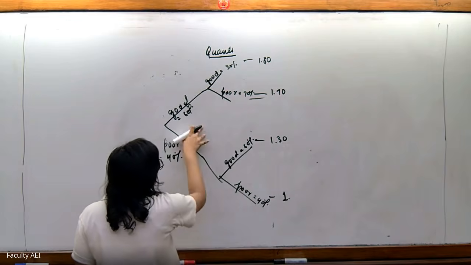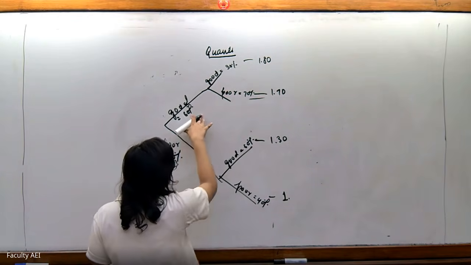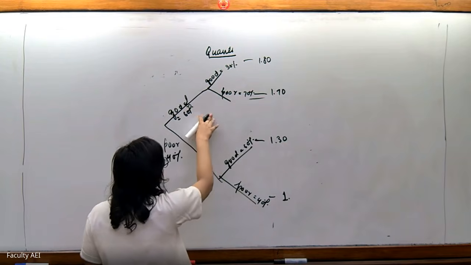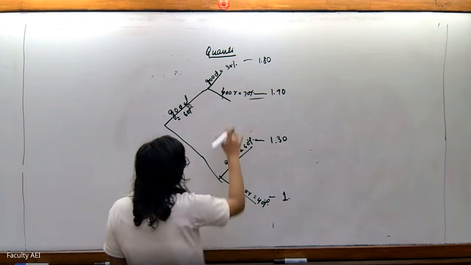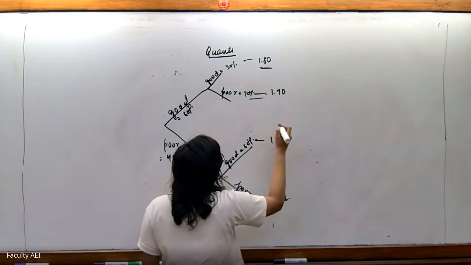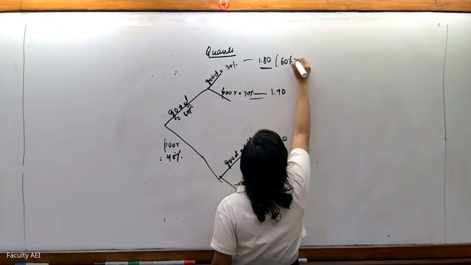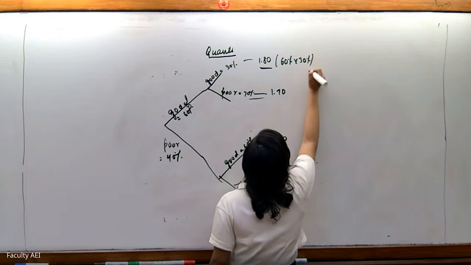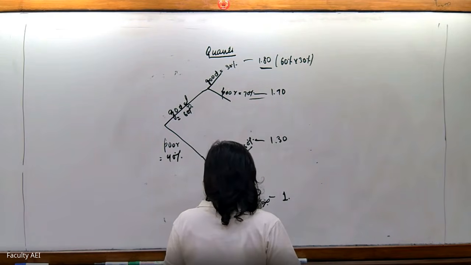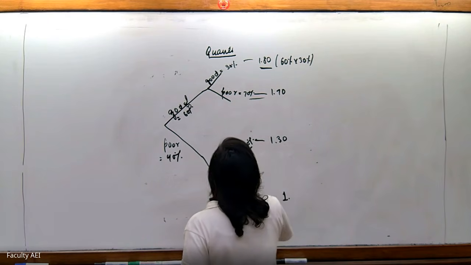You are sure that you are going to earn 1.8 only if your economy is in a good state, and even after being in a good state, your economy generates a good return. So the probability of generating the EPS of 1.8 is what? 60% and 30%. The probability of generating 1.70 is what?